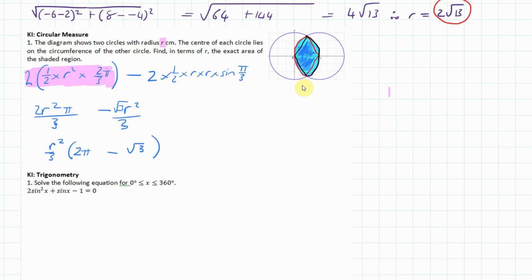Okay, and then the next line, when we work that out, 2 times 1/2 gets rid of that, so we get 2/3 r squared pi. Yep, and then this one here, minus 2 times 1/2 is minus 1, so we get r squared times square root 3 over, oh no, it was actually a 2.